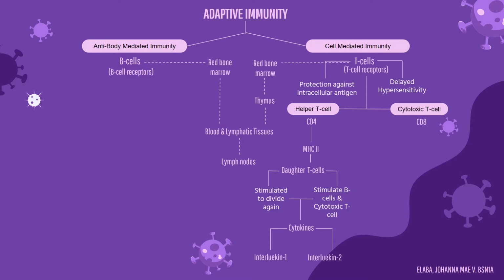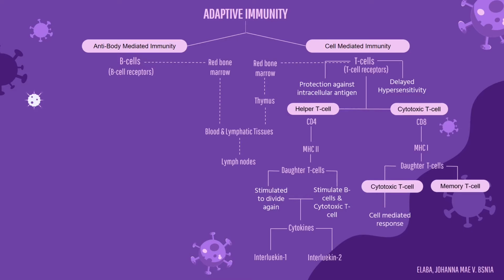Now let's move on to the cytotoxic T cells. It also has a glycoprotein called CD8, which helps connect the cytotoxic T cells to the cells displaying MHC class I. It produces daughter T cells, namely the cytotoxic T cell and the memory T cell.